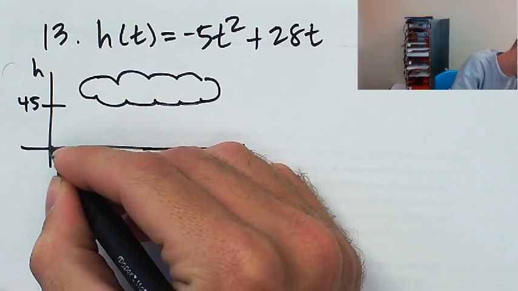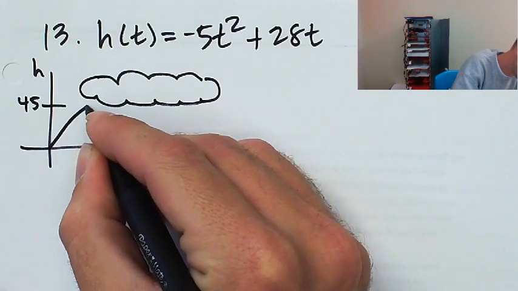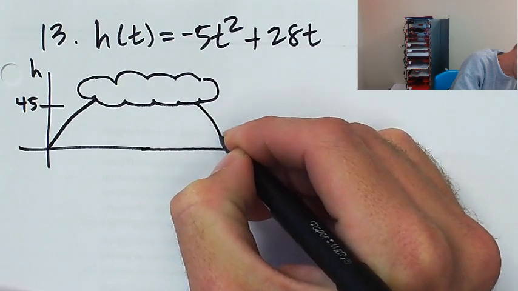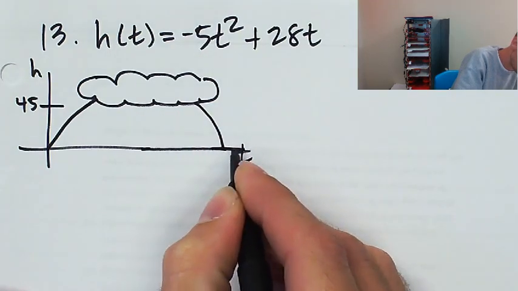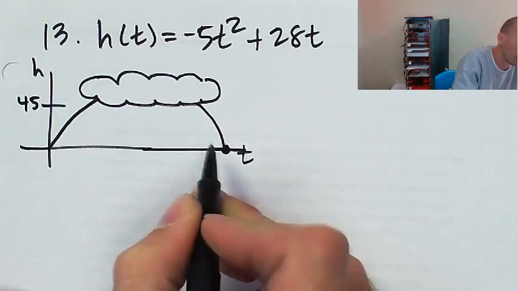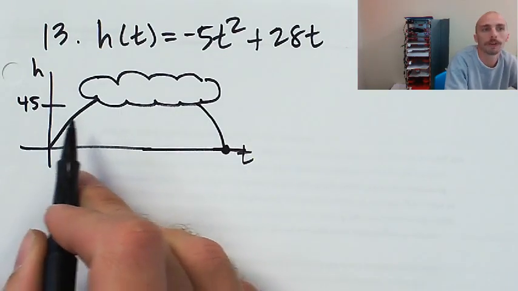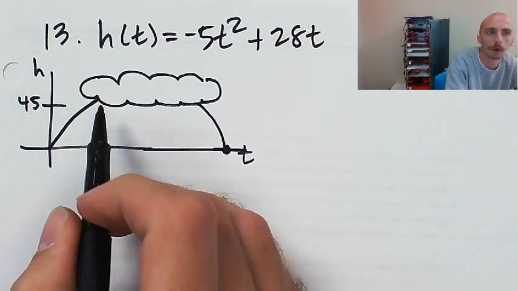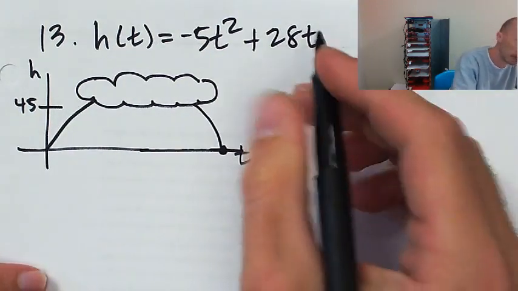And then the ball's going to go up, and then it's going to come down. So our idea is to find what values of t make h of t greater than 45. The ball is in the clouds when h is greater than 45.